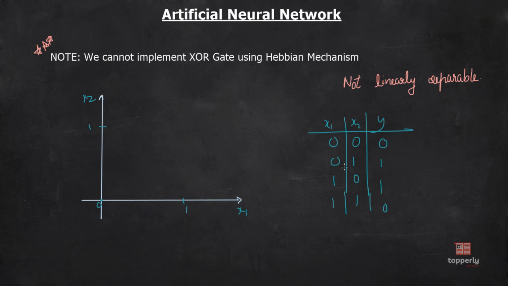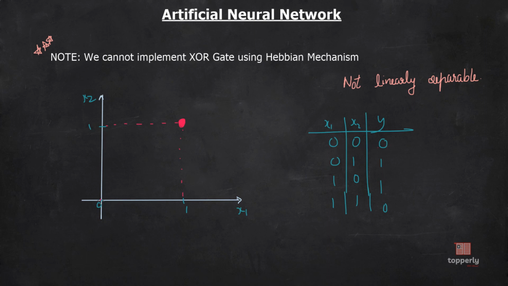So whenever one of the inputs is high, we get the output as high. Let me plot this. So in this case it is 1 1, and when it is 1 1, the output is 0, and let me use the red color to plot the 0 outputs. So when the input is 0 0, the output is also 0.